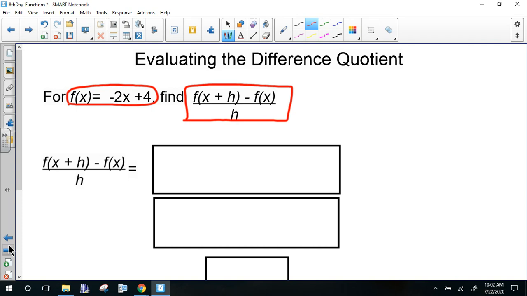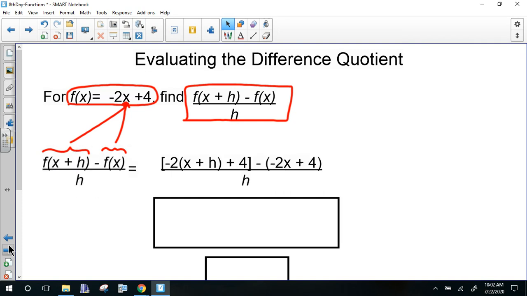I want to find the difference quotient for that. That means to do this part right here, I'm going to plug in x plus h where I see an x. For f of x, I'm going to plug in an x wherever I see an x. If I do that, that just leaves the same function I started with.